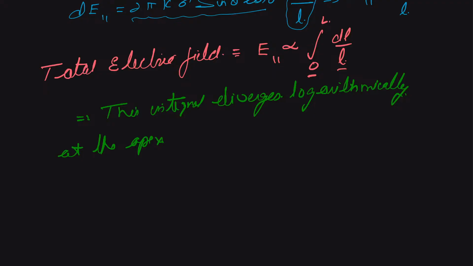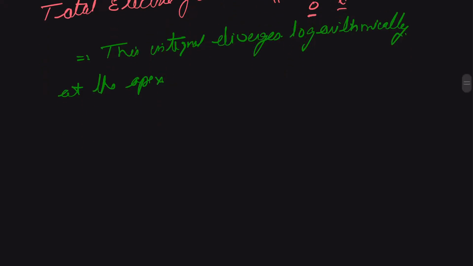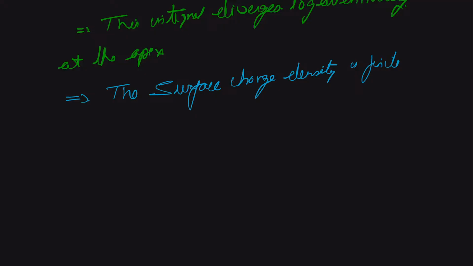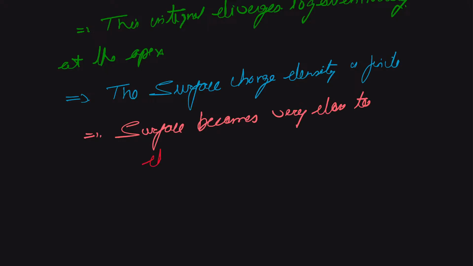And second, we can also say that the surface becomes arbitrarily close to the charge. So these are the two important conclusions which we can draw from here.